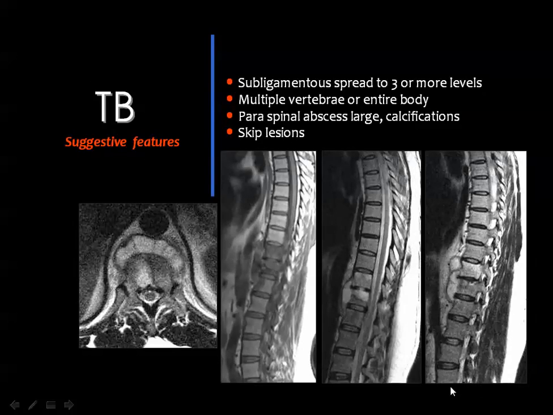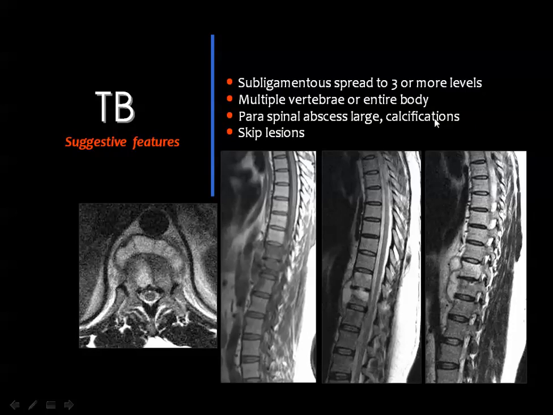Then what are the suggestive features for the diagnosis of tuberculous spondylitis? According to the literature, if there is subligamentous spread for 3 or more levels, if there is multiple involvement of vertebral bodies, or involvement of the entire vertebral body with prevertebral abscess, or the presence of paraspinal abscesses, especially if large and containing calcium.